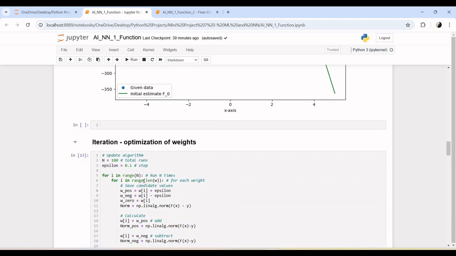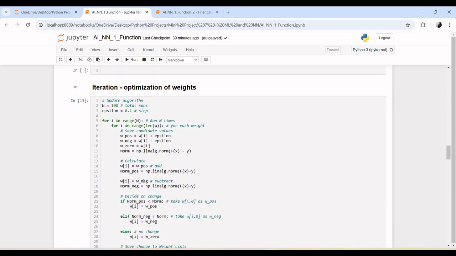Okay, but we try to optimize our weights by iterating through them, adjusting our weights. So we take some small epsilon step and we iteratively look at our weights, change our weights by plus epsilon and minus epsilon, and determine whether that gives a better error than our current estimate, and if it does, we adjust our weight, and if it doesn't, we keep our weight the same.